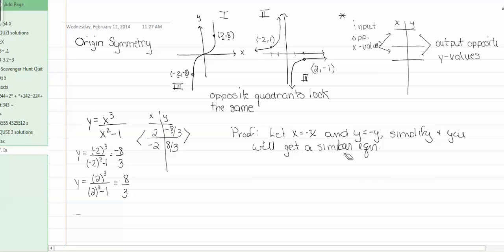Similar just means that you may need to multiply the left and the right side of the equation by negative 1 so that you see the exact same equation.